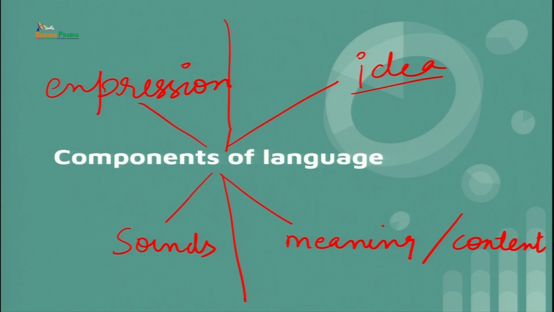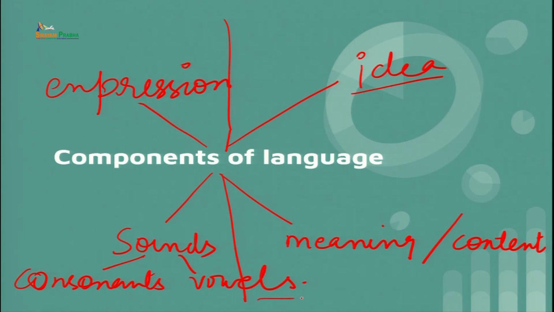Now, one more important thing is that when we divide this into the expression and sound part, when we talk about sounds, we cannot forget that we studied consonants and we also talked about vowels. So, how are consonants and vowels organized? They are organized in a definite system which is called syllables.